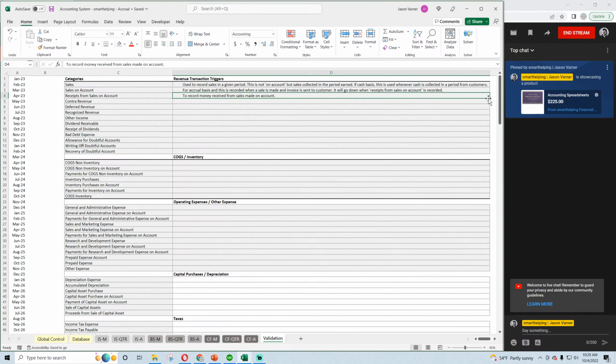Contra revenue. Transaction item to reduce revenue. This is often things like refunds, returns. Now, actually, not a return.